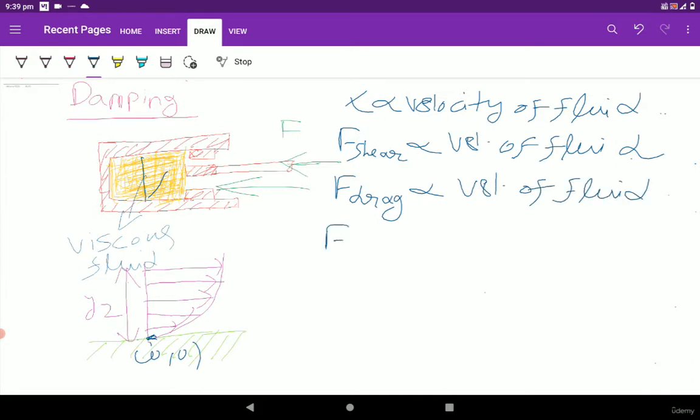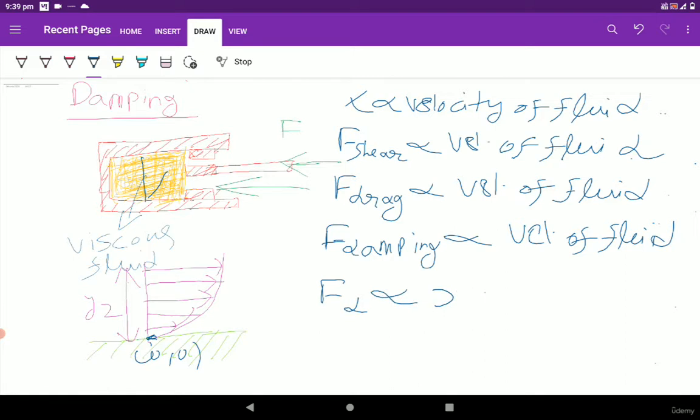And also the damping force, F damping, is directly proportional to the velocity of the fluid. So here the damping force is directly proportional to x dot, the velocity.